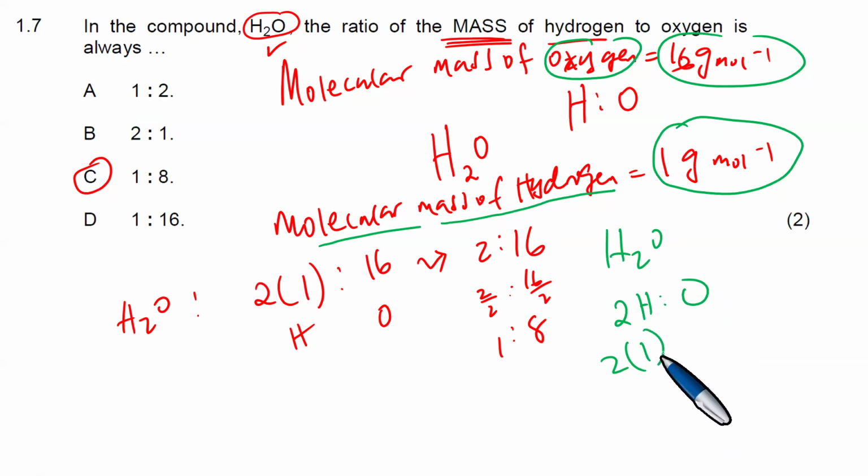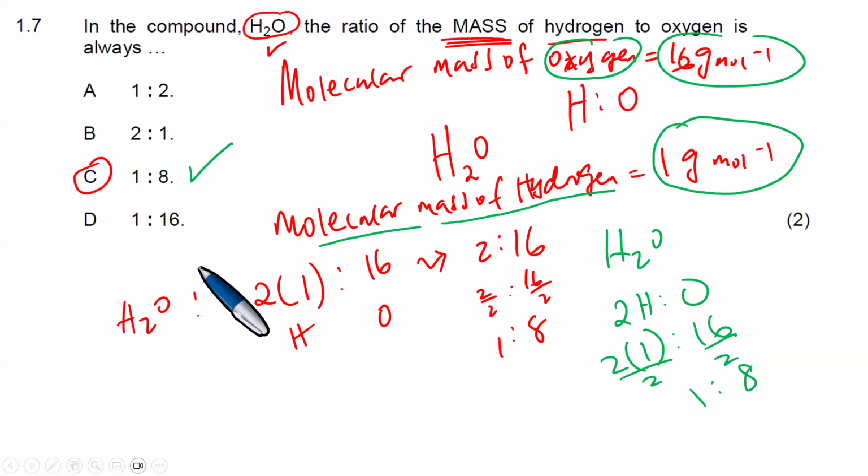You substitute: hydrogen has mass 1, and oxygen has 16 from the periodic table of the elements. Then you divide by the smallest one to simplify the ratio. Dividing 2 by 2 gives us 1. Dividing 16 by 2 gives us 8. And therefore, the correct answer becomes the letter C. We chose the ratio of 1:8.